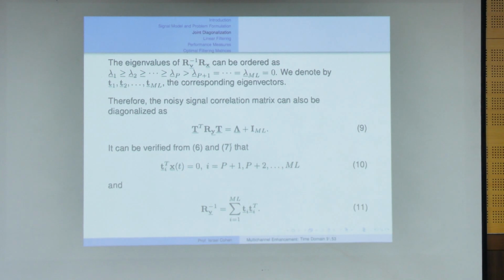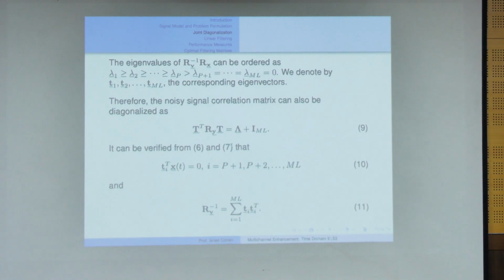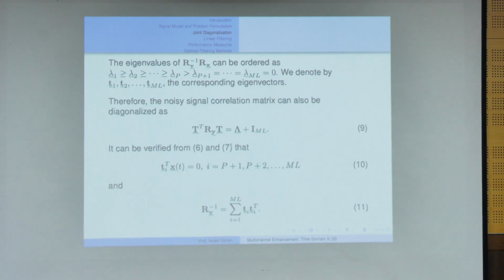So from here you see that we can achieve the MVDR filter quite easily. We will work on the mathematical derivation, but you understand it because it's similar to what we did with MVDR in the single channel. If we work on the first eigenvectors and suppress them based on the signal to noise ratio and so on, we can derive Wiener and other methods of filtering. Any questions?